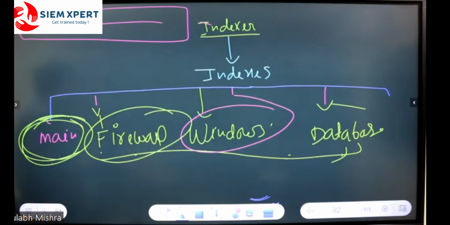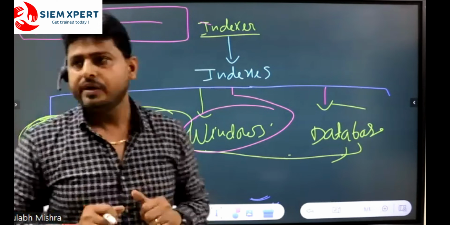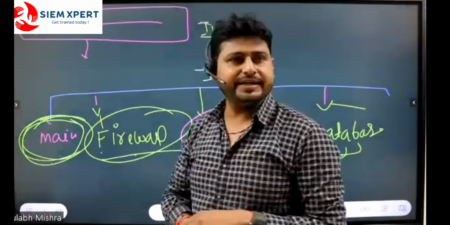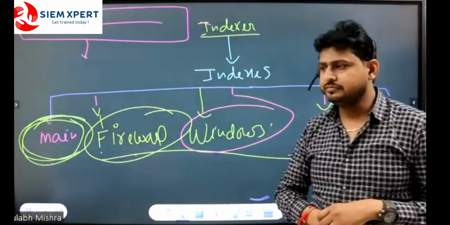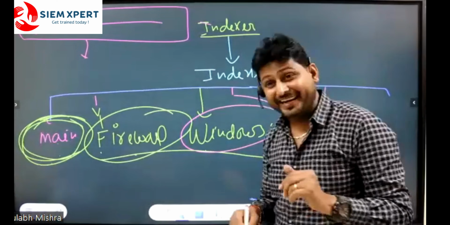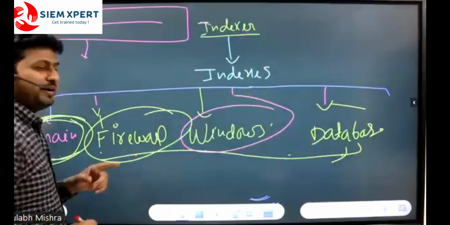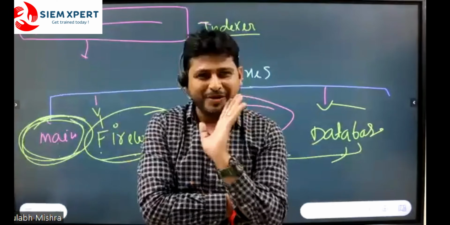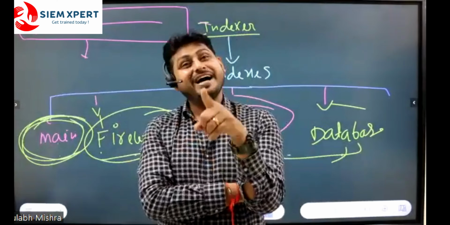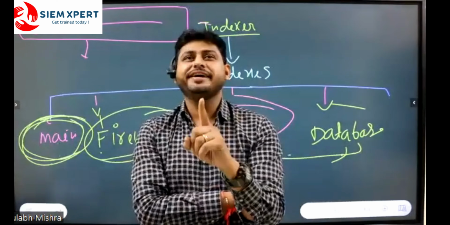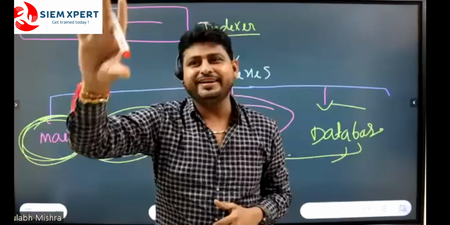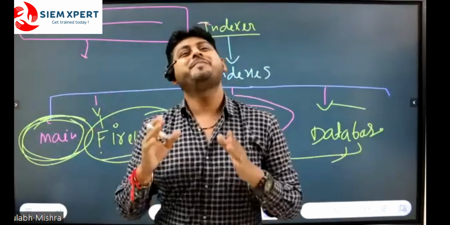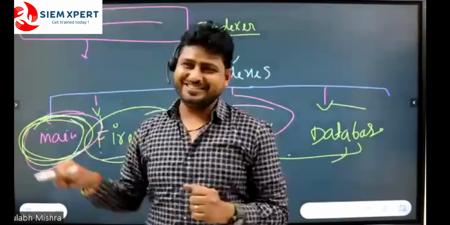Which index will it search? The main index. Actually, that answer is not fully correct. You should say it will search the default index, but by default the default index is the main index.